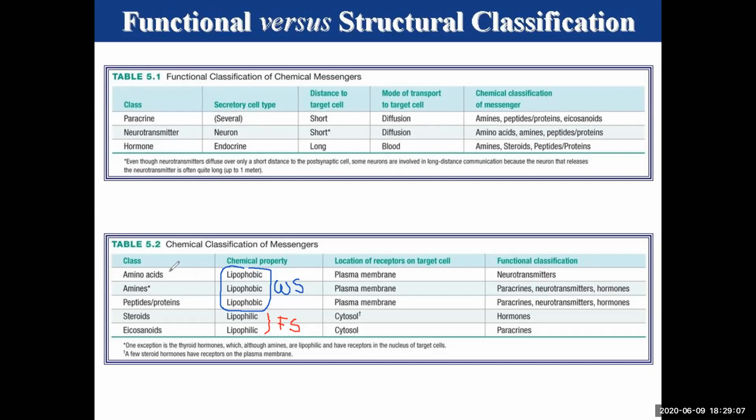So these are different classes of chemical messengers. If the chemical messengers are water soluble, they cannot cross the membrane. So you see the location of the receptor.